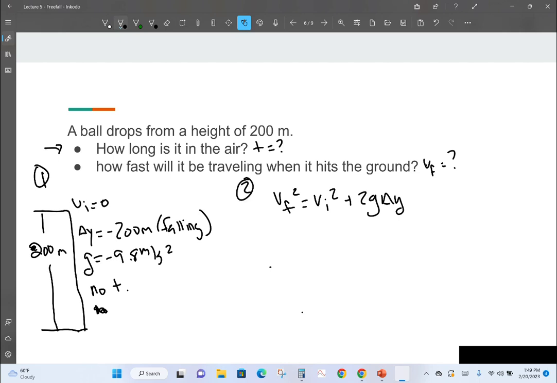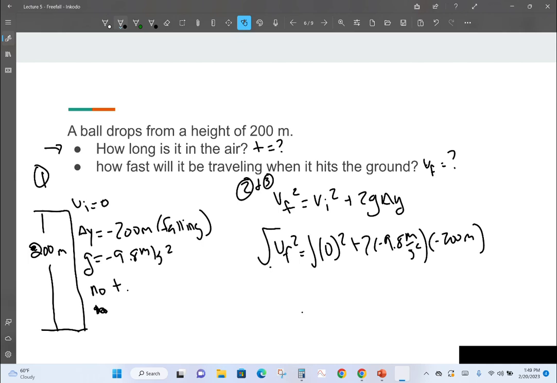So VF squared is going to be equal to 0 squared plus 2 times negative 9.8 meters per second squared times negative 200 meters. Meters squared per second squared, and then I have to take the square root of all of that. Now, remember that when you take the square root of something, you can have a positive or negative root.